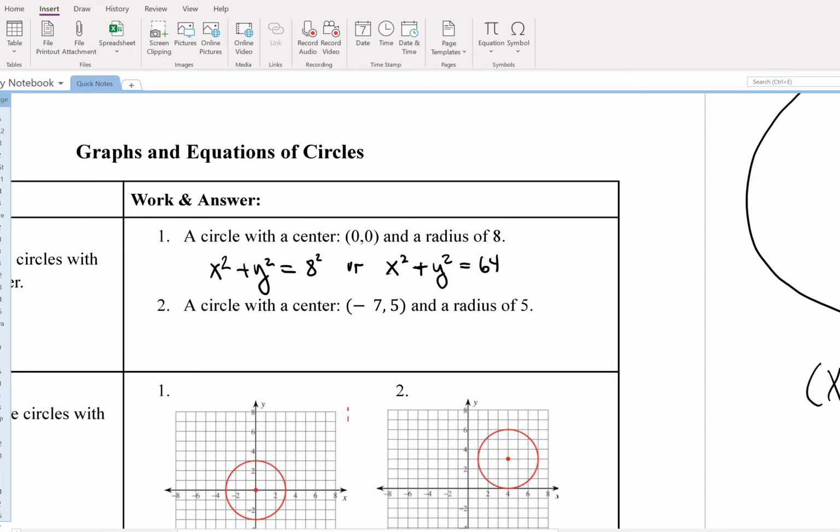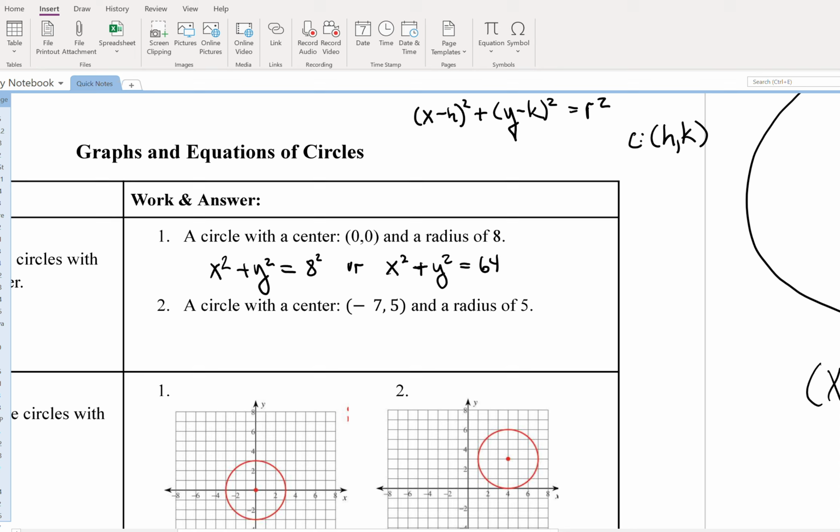And again, that comes from the idea that if this is my generalized form, x minus h squared plus y minus k squared equals the radius squared, the center of the circle is at h comma k. The radius is whatever it is.